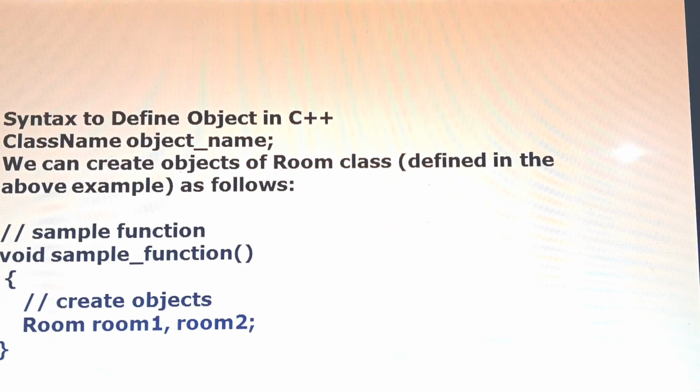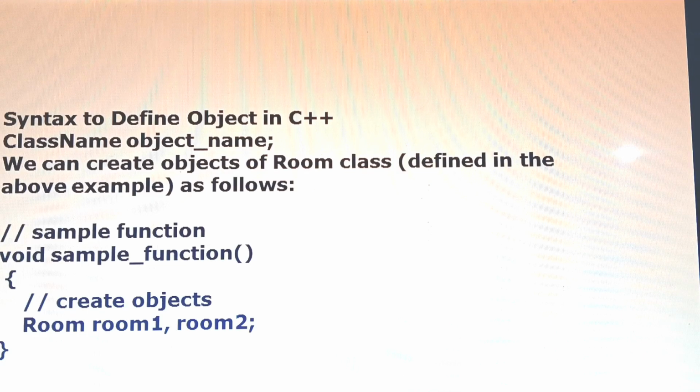Now the common rule for creating an object of a class. We have already created the class, and the class name is room. Then we have to create an object of the room class.